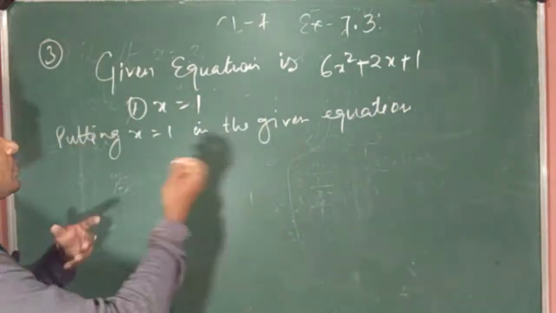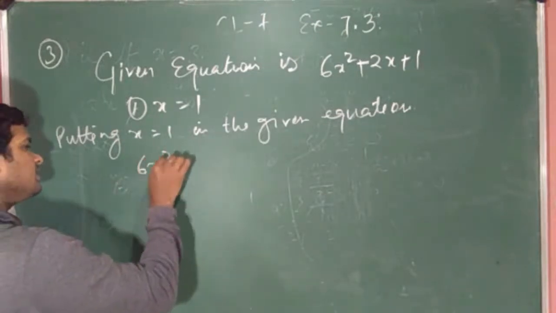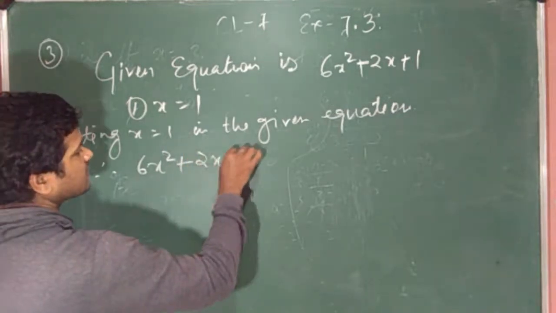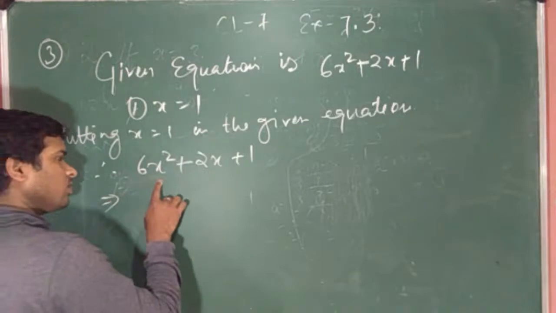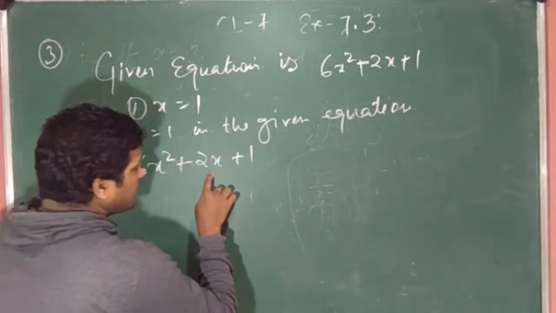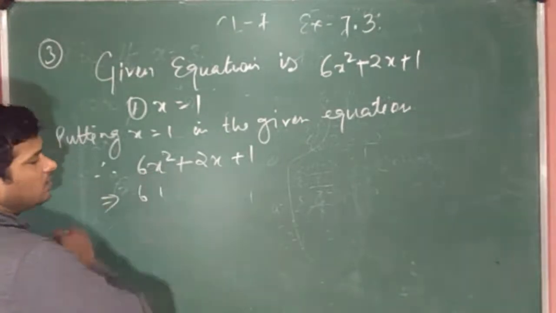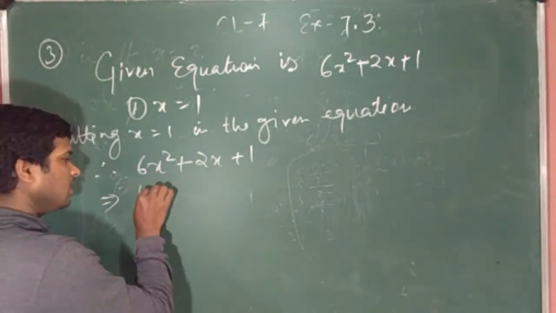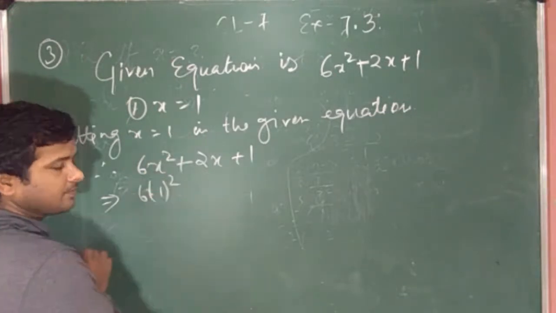So we have equation is 6x square plus 2x plus 1. That means in place of x we are going to write 1. In place of x how much? 1. But since there is a power, so whole square.